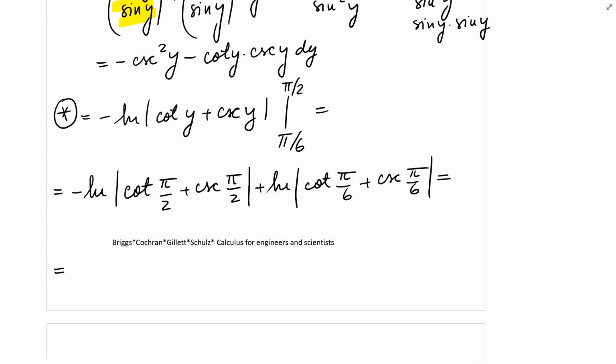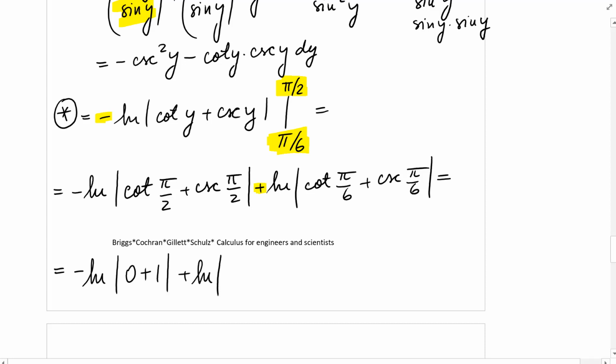If we plug in the top one first and then minus the bottom one, and I have minus here, that's why I have plus. So we get negative ln of cotangent of pi over 2 is 0, cosecant of pi over 2 is 1, plus ln of cotangent of pi over 6 is square root of 3, plus cosecant of pi over 6 is 2. So we get ln of square root of 3 plus 2. I don't need to put absolute value anymore because square root of 3 plus 2 is positive.